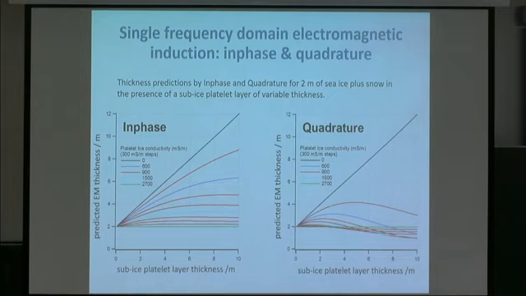In-phase on the left, quadrature on the right, and we have a number of different platelet ice conductivities. It turns out, I'll show shortly, that in fact they're going to be confined in the range from more than 600 to 1500, so essentially between the two coloured lines there.